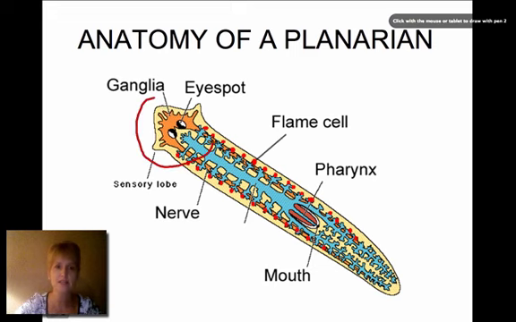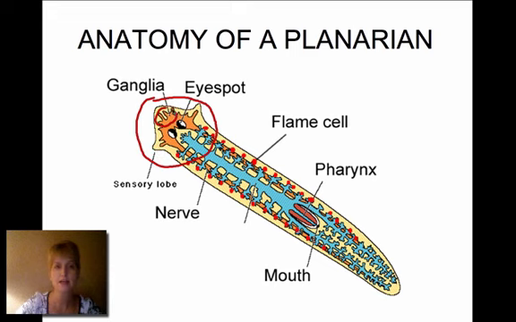We see cephalization. That's the first thing we notice with the flatworms. It has a head region, and the head region has sensory organs. So we see the eye spots, and these planarians don't really see, but they can sense light from these eye spots. It has a sensory lobe right here, so another sensory organ on the head region.